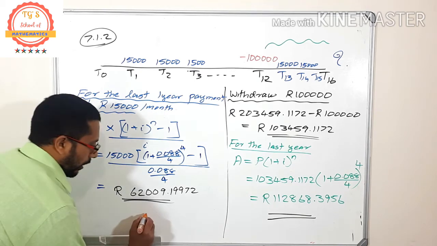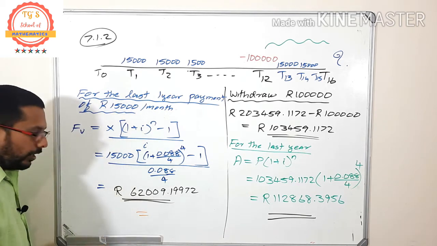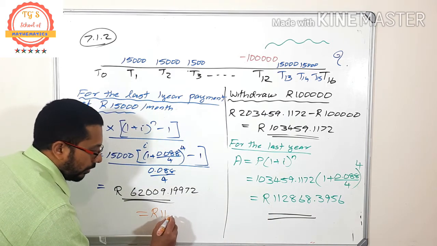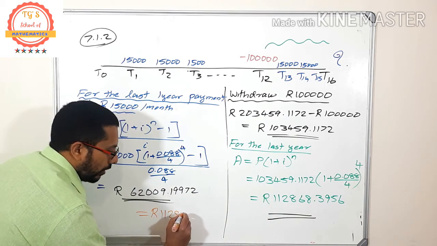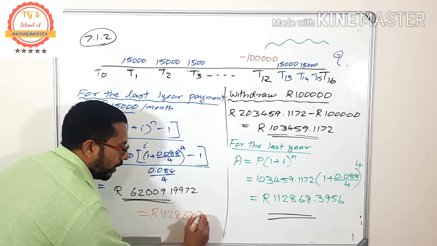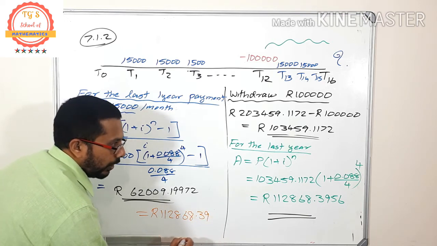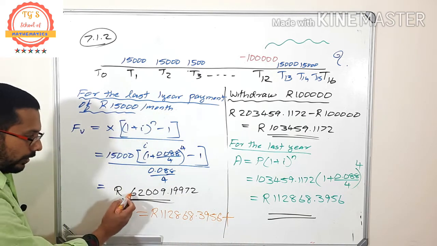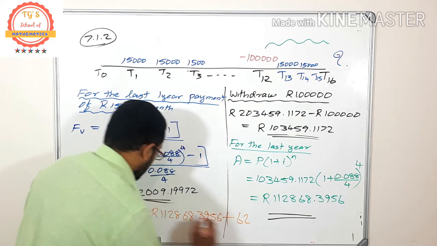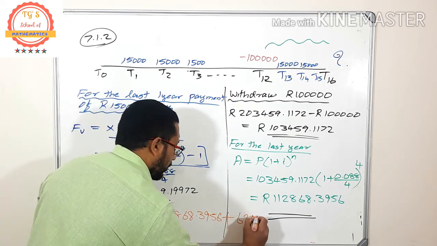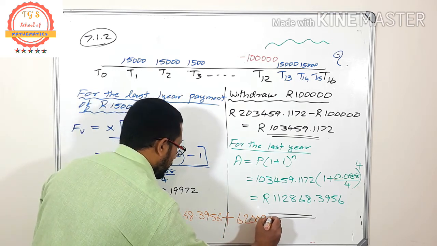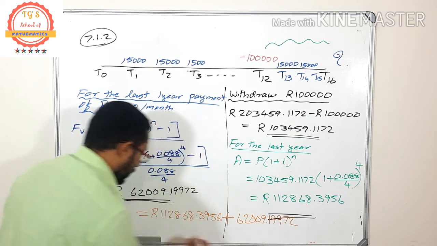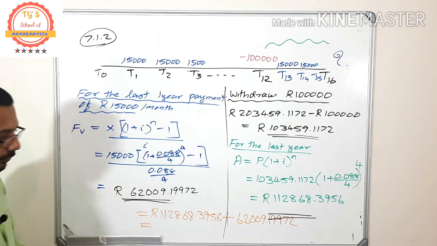Now we can understand this amount: 112,868.3956 plus this amount, 62,009.19972. Check in your calculator what is the answer.